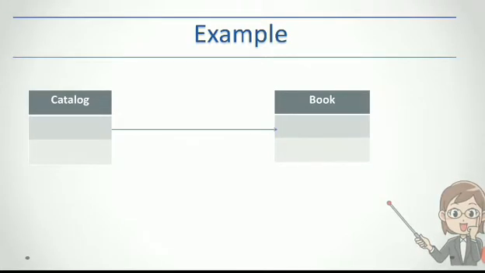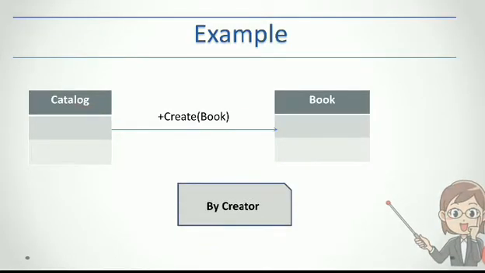Then the creator pattern can be applied, as the catalog can create the instance of a book. That means whenever a book is added, the catalog is updated by its title. So here the creator pattern can be applied for creating an instance.